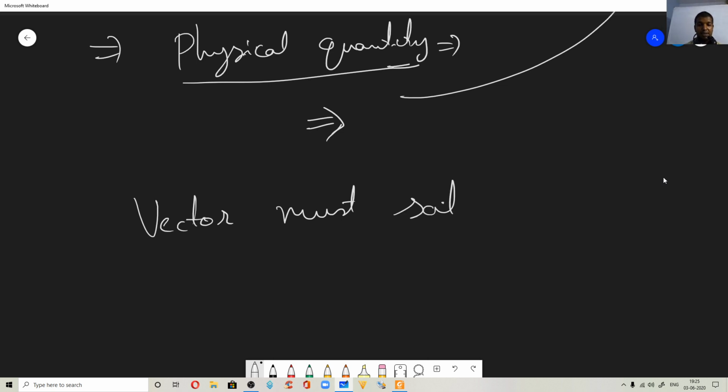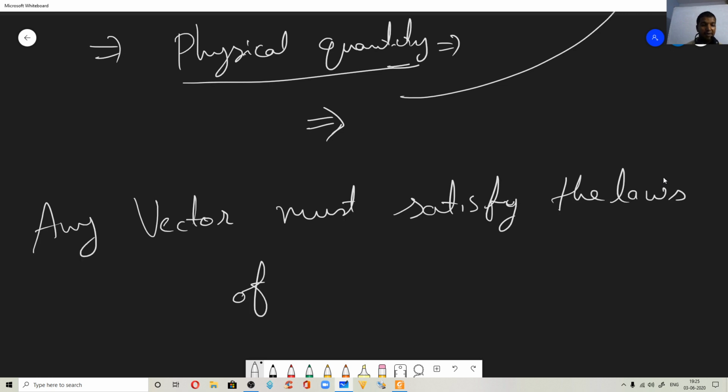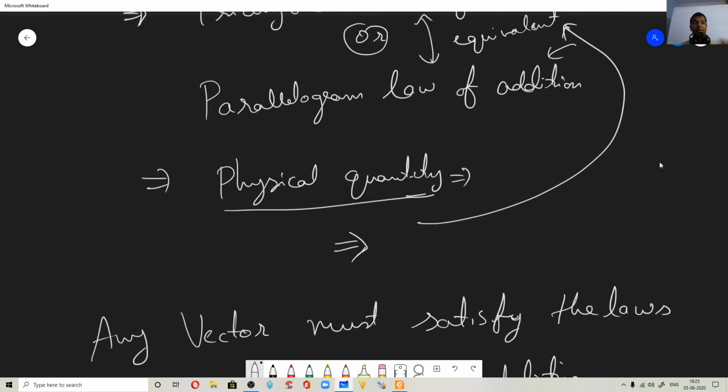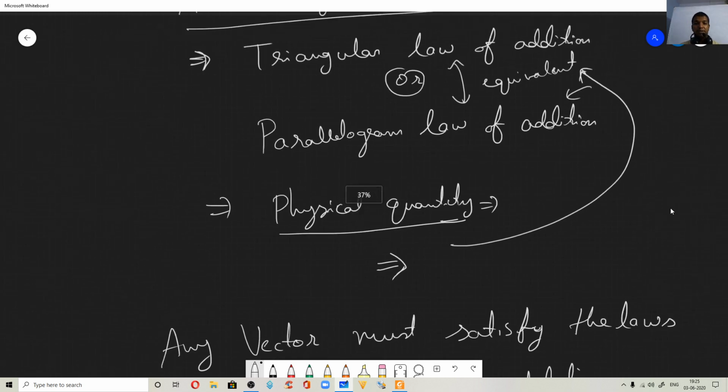Any vector must satisfy the laws of vector addition. Only then you can call it a vector. So you need to remember this. I'm just going with the flow given in your textbook, so things will be easier.